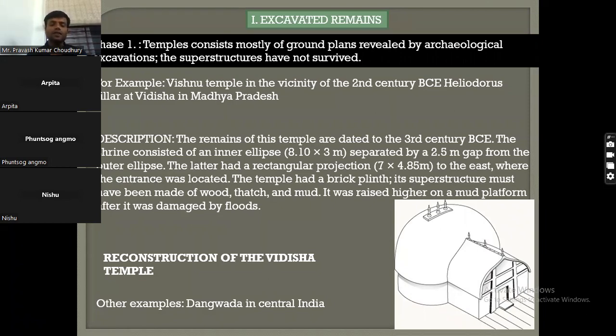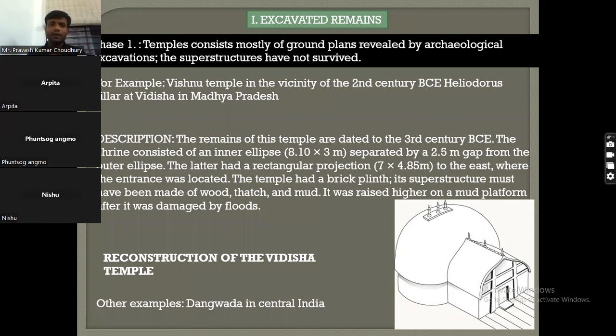Of course, those structures are not complete in entirety, but its impression or basements or the pattern of making temples are evident at various sites which have been found in archaeological excavation.